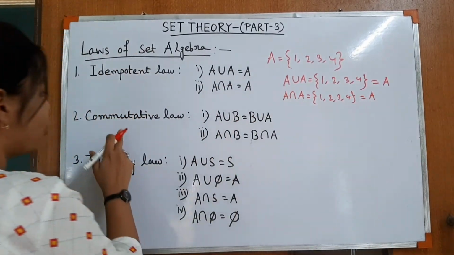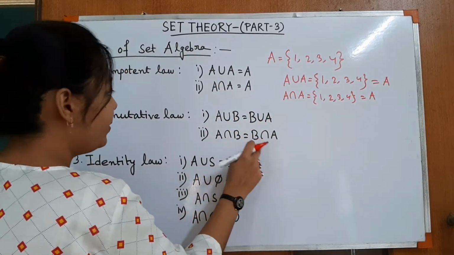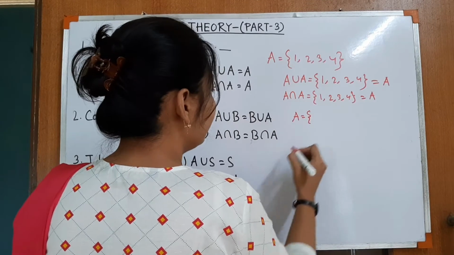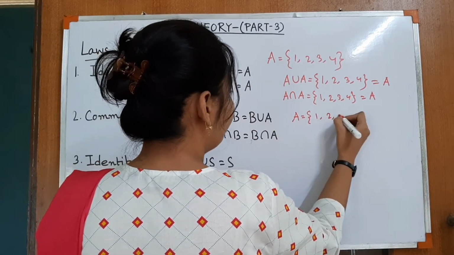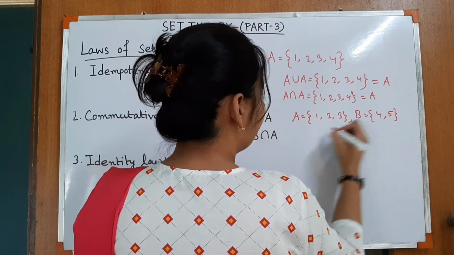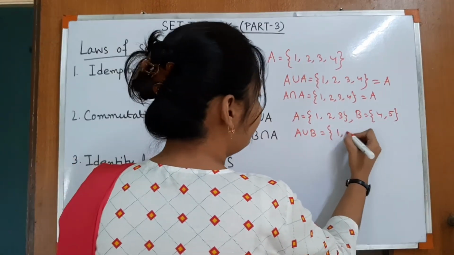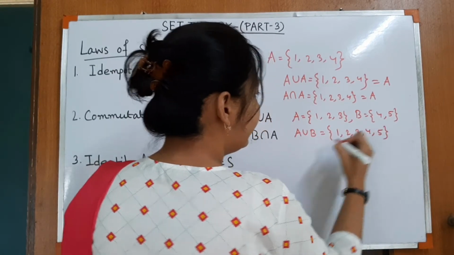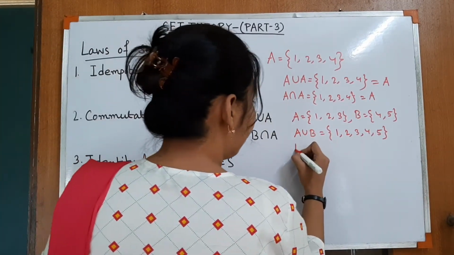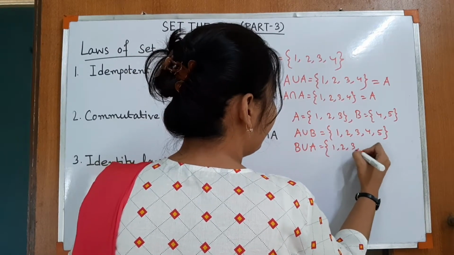Okay. Next is the commutative law. The commutative law means A union B equals B union A, and A intersection B equals B intersection A. If we take one set {1, 2, 3} and another set {4, 5}, then A union B means {1, 2, 3, 4, 5}, that is, all the elements present in sets A and B. And B union A also gives {1, 2, 3, 4, 5}.